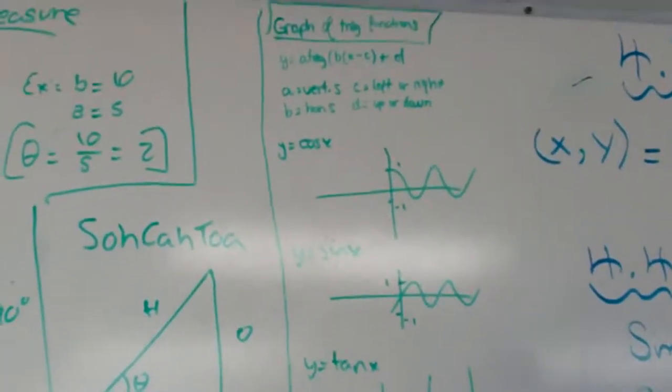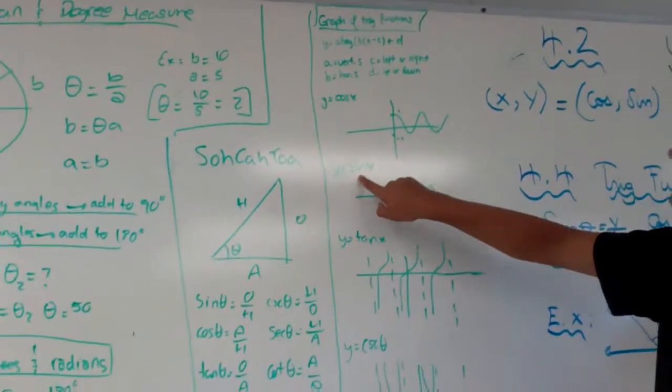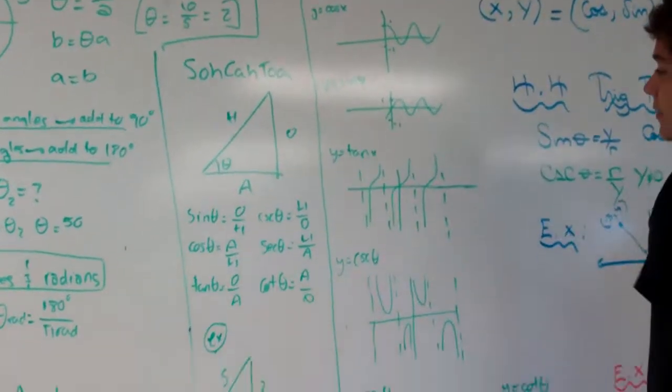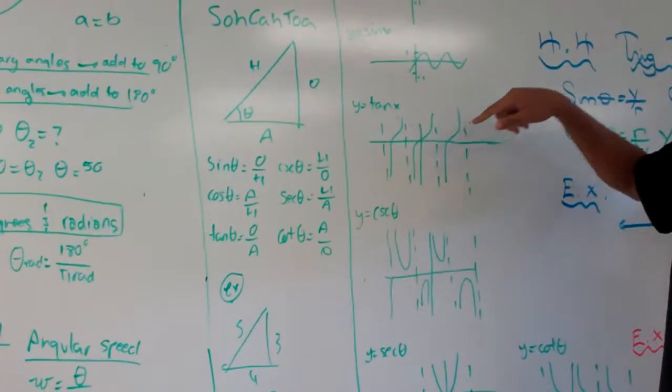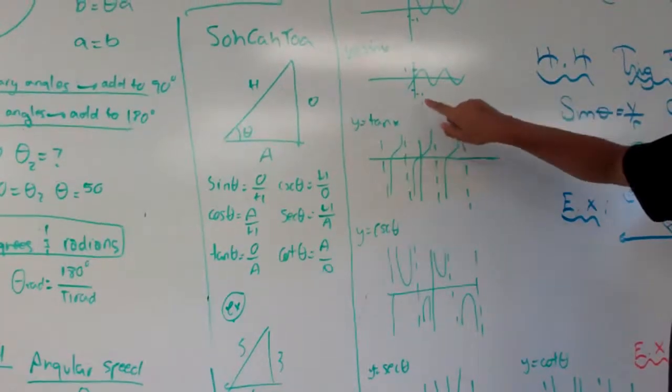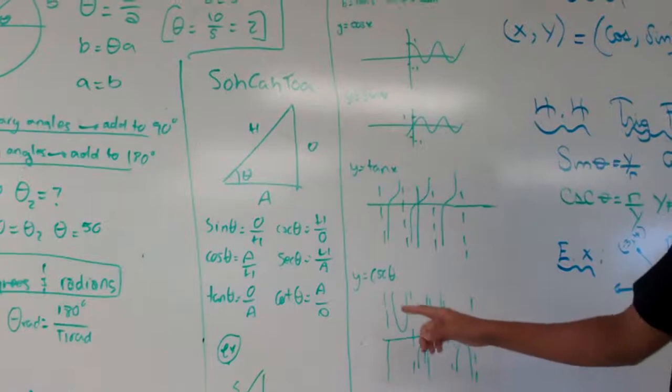These are the basics, the basic graphs. Cosine starting at 1, sine starting at 0, then tangent right here, where we have asymptotes where our cosine graph would equal 0, here, here, here, here.